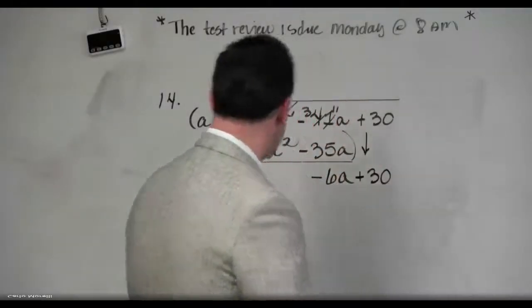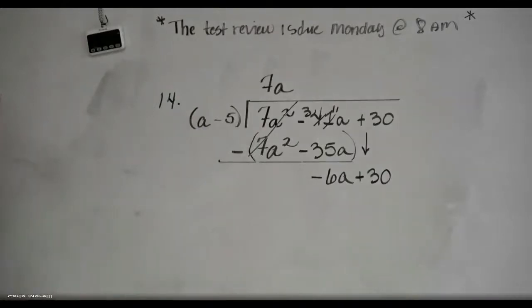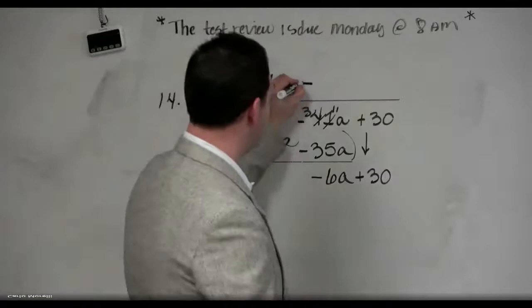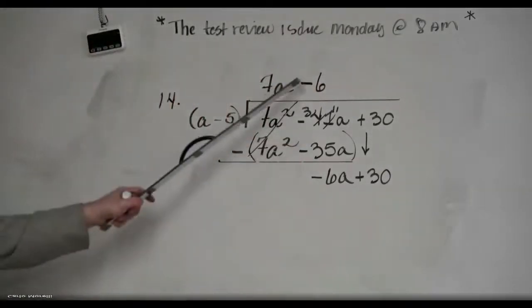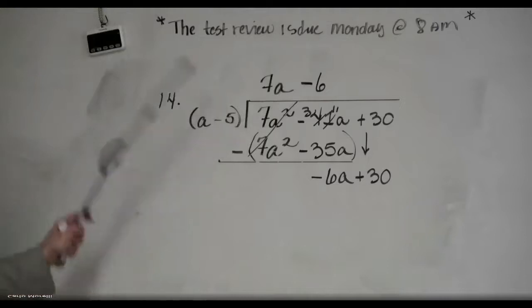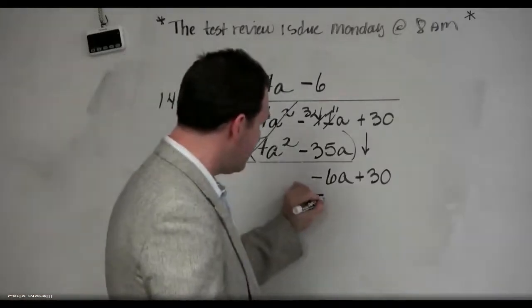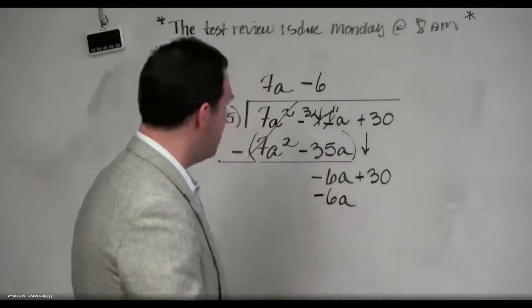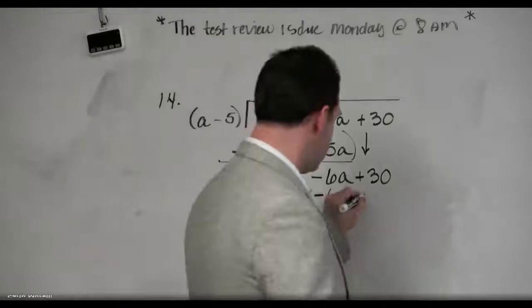And we have to ask ourselves, what do I multiply by a to get negative 6a? Negative 6. So we're just going to put minus 6. Now we're going to multiply negative 6 times this binomial. So negative 6 times a is negative 6a. That's what we want. And then negative 6 times negative 5 is plus 30.